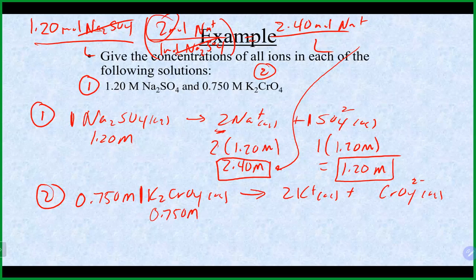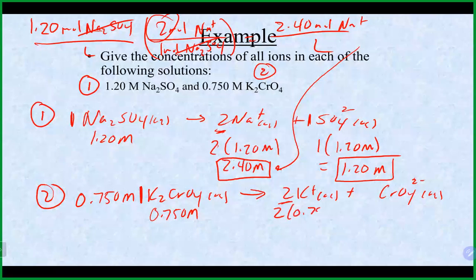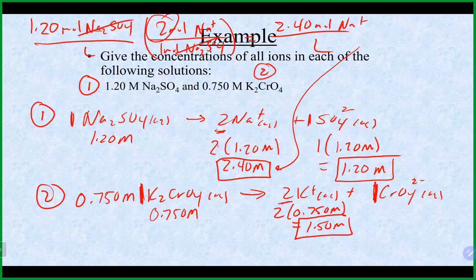It is a 1 to 2 relationship here for our potassium. So in this case, we would multiply the potassium by 2 to get the proper concentration, and that will give us 1.5 molar for the potassium. And again, it is a 1 to 1 relationship for the chromate, which means we're just going to multiply it by 1 or keep it the same in this case.